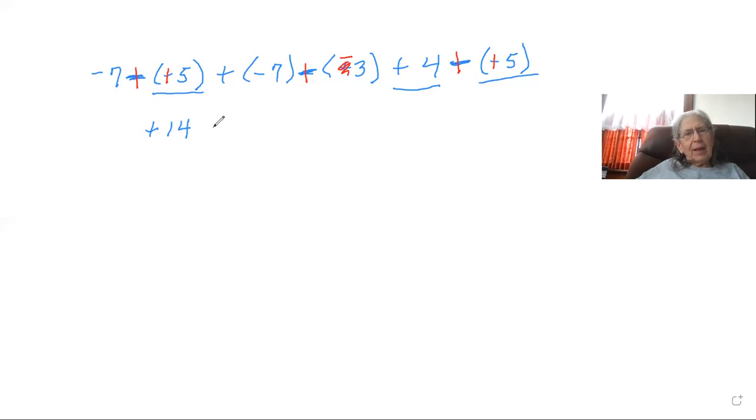Then I'd gather together the negative ones. 7 and 7. That's 14. And 3. That's 17. They're all minuses. So they all go in the minus category.